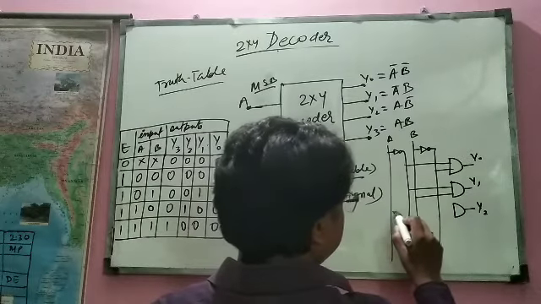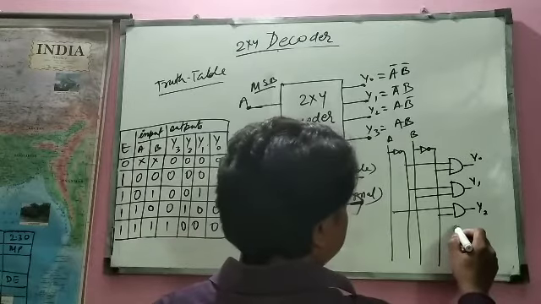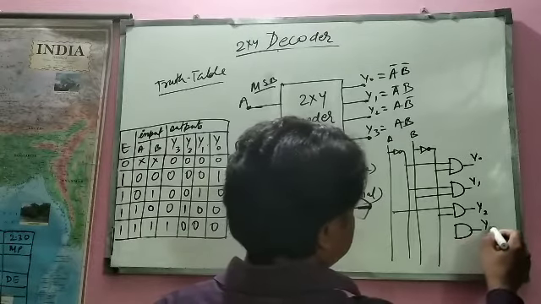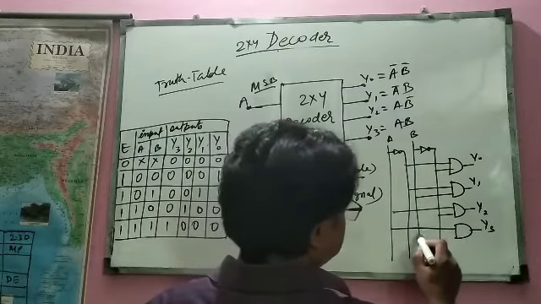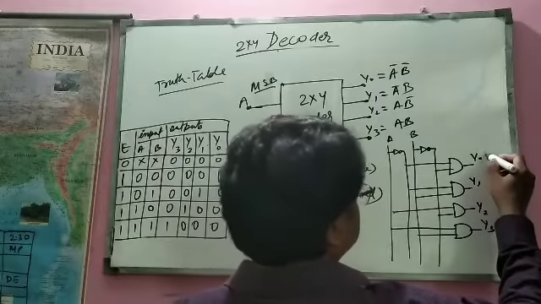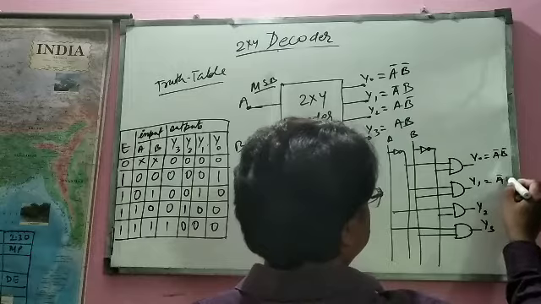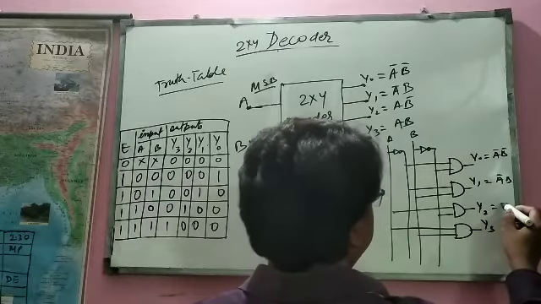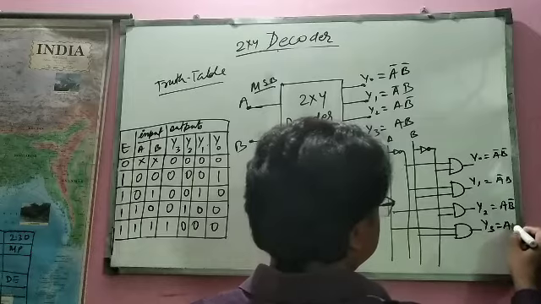So this is A, this is B bar, and y3 means AB. So this is A, this is B. That is very simple. Okay, so this is A bar B bar, A bar B, this is A B bar and this is AB.